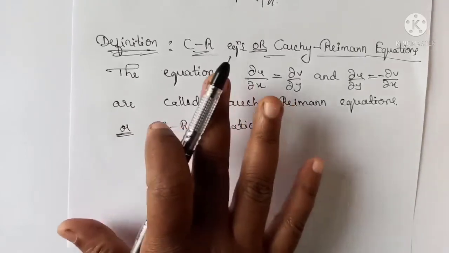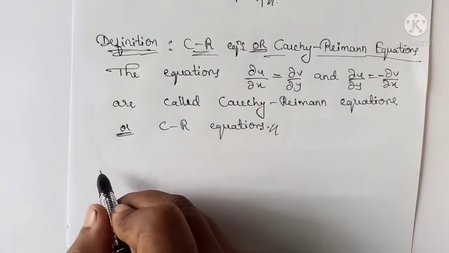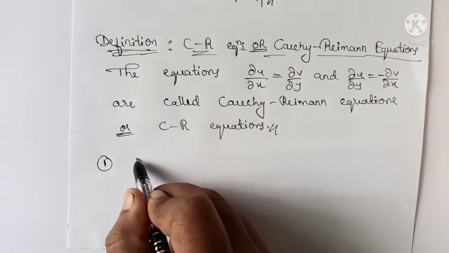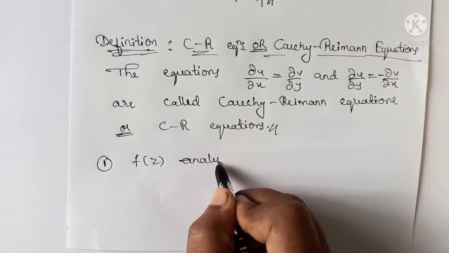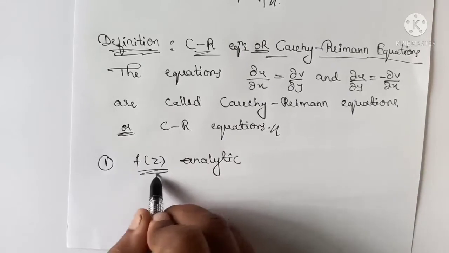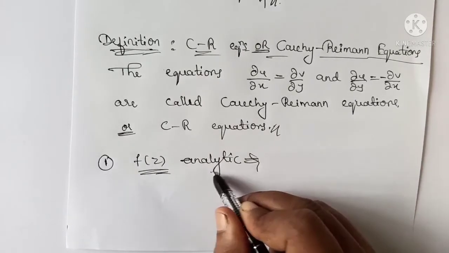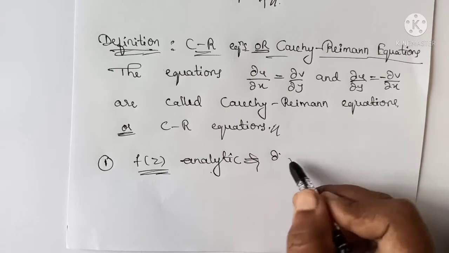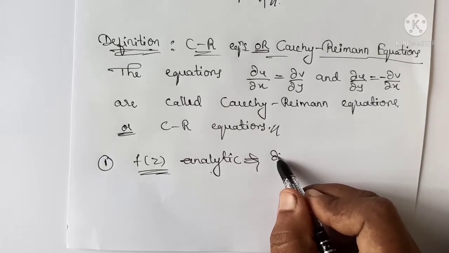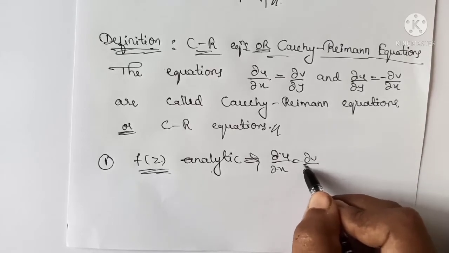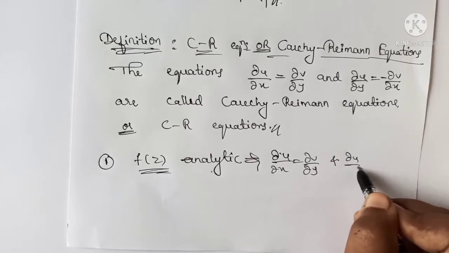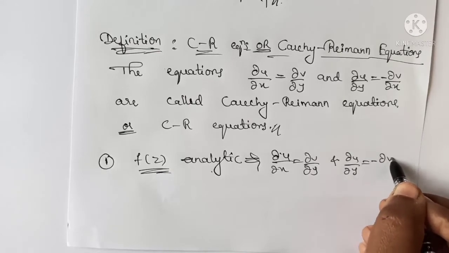From this we can conclude one thing: if f of z is analytic, then that function satisfies CR equations, which implies dou u by dou x equals dou v by dou y, and dou u by dou y is equal to minus dou v by dou x.